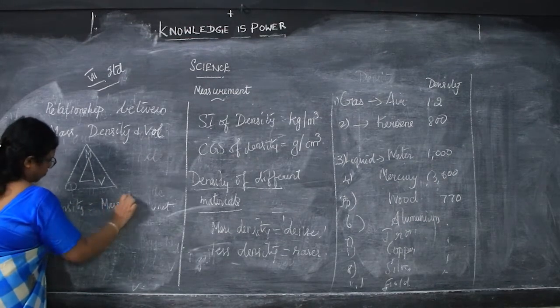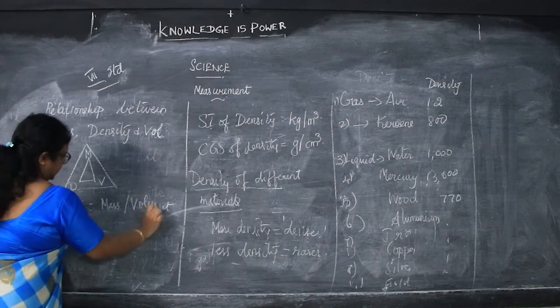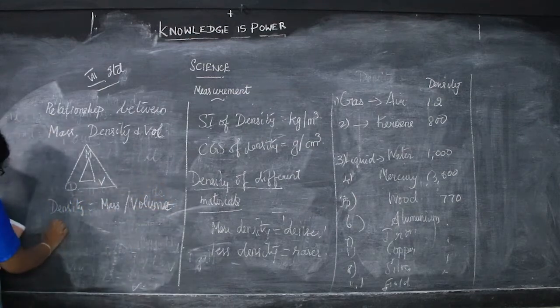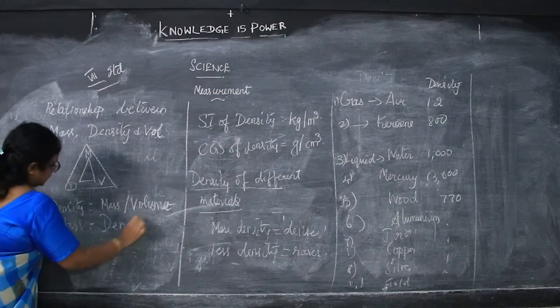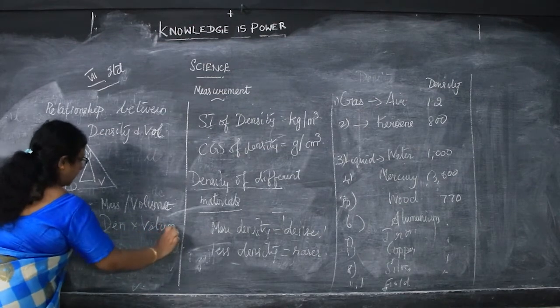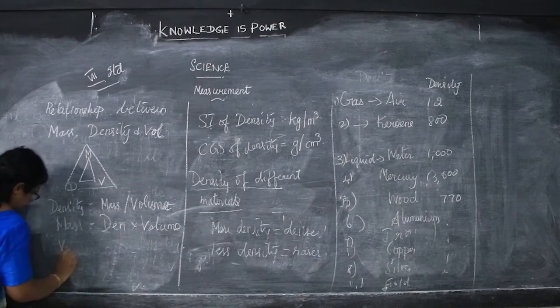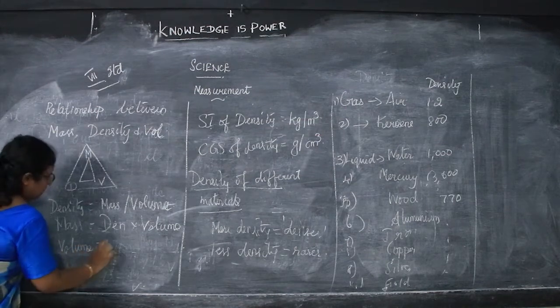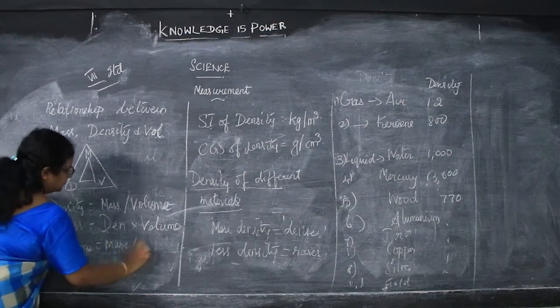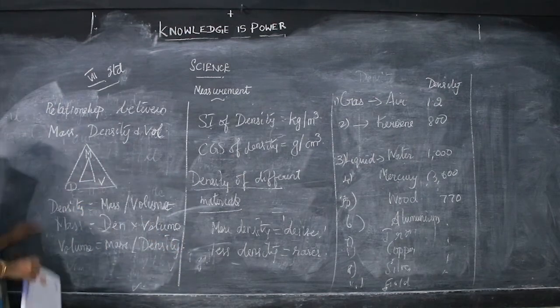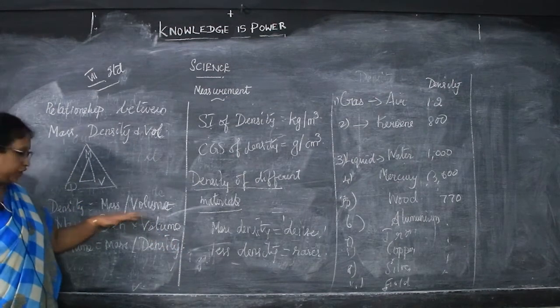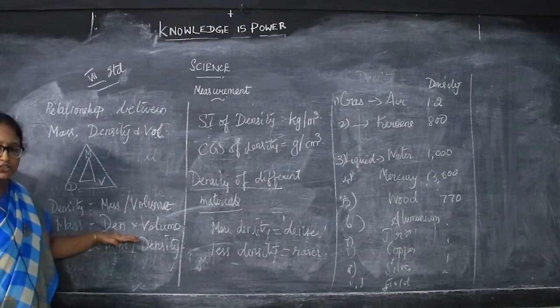Density is mass by volume. Mass is density into volume.